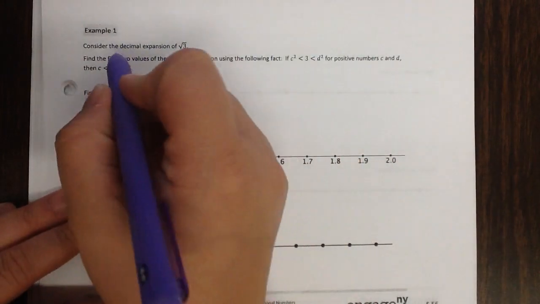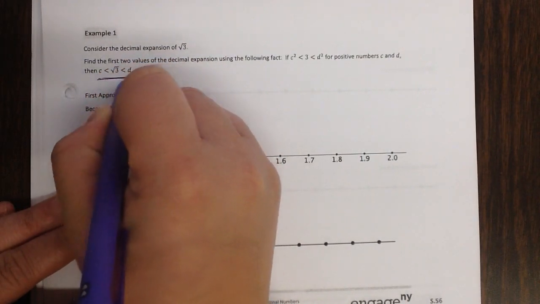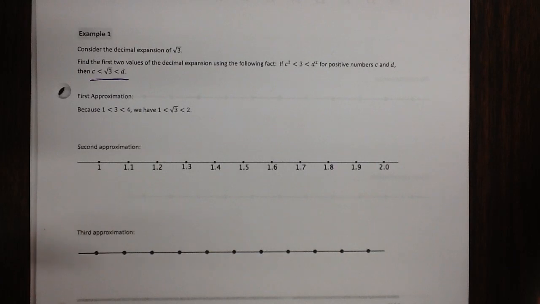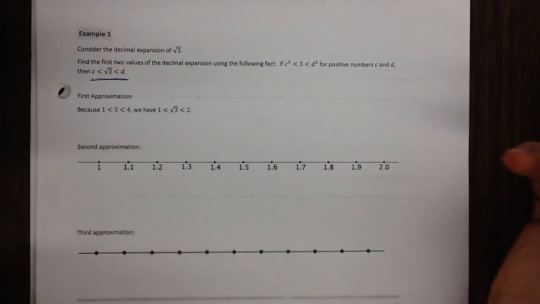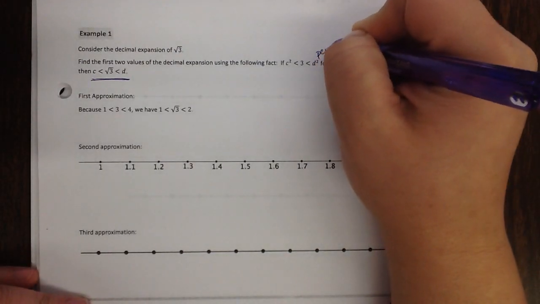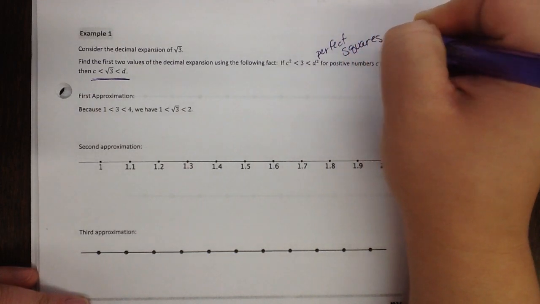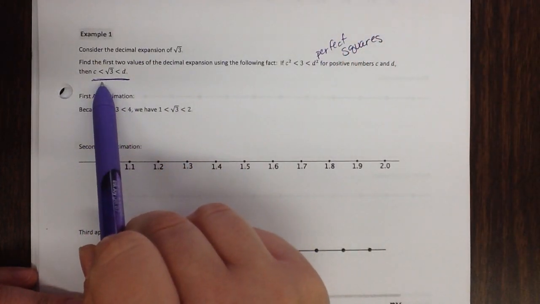So, because we're looking at what two numbers it's between, those would be perfect squares here, and these would be the square roots of the perfect squares.